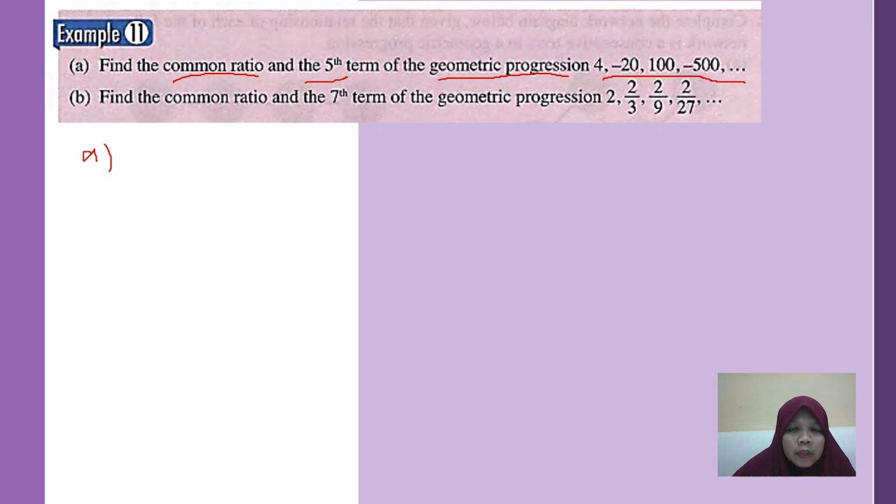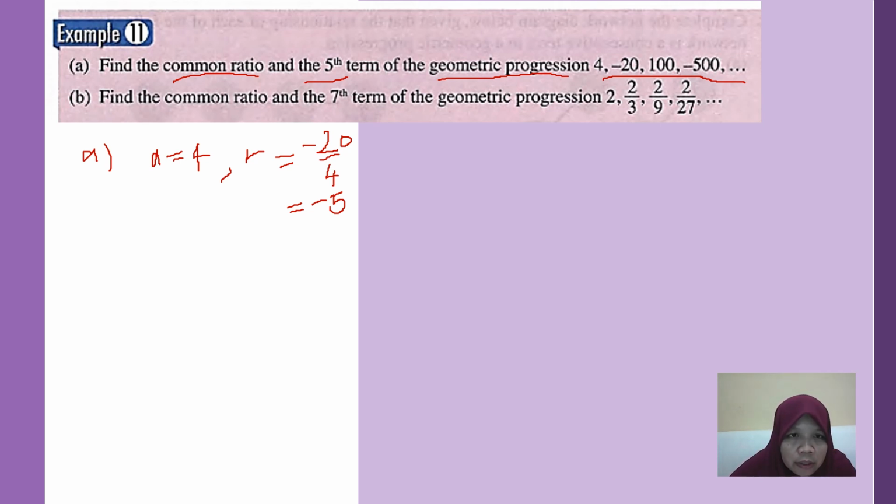From the progression, we know that the first term is 4, and the common ratio is negative 20 divided by 4, which is negative 5. So determine the values of a and r: the first term is 4 and the common ratio is negative 5.